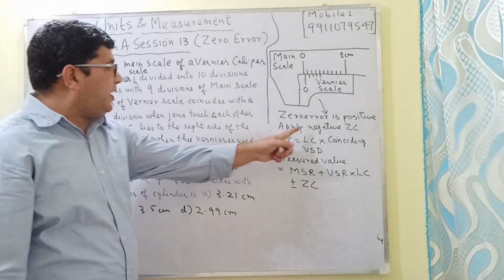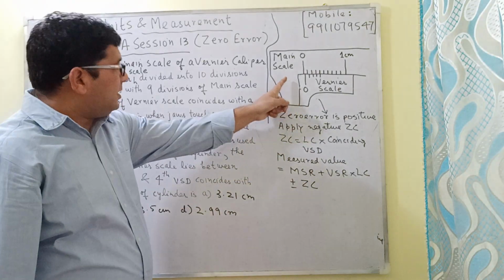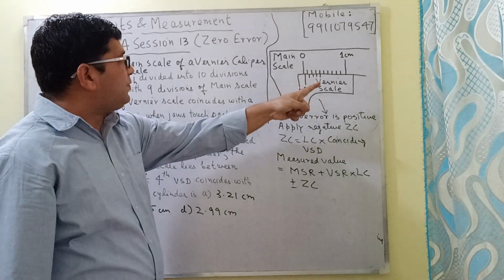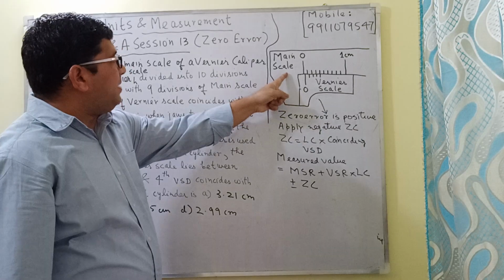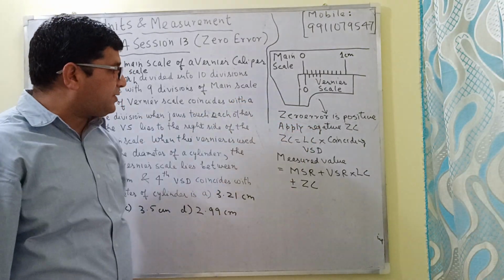Now when the zero error is positive, as seen here, the zero of the vernier scale is on the right side of the zero of the main scale, so we will apply negative zero correction.